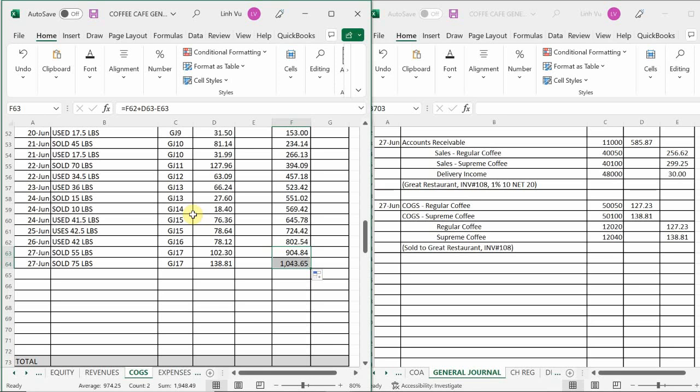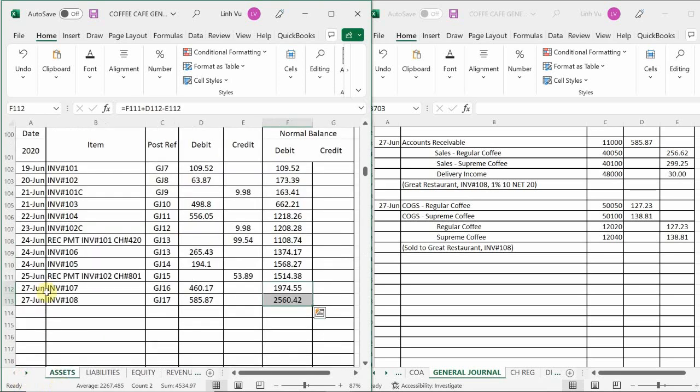And then we go to the asset to update the inventory.